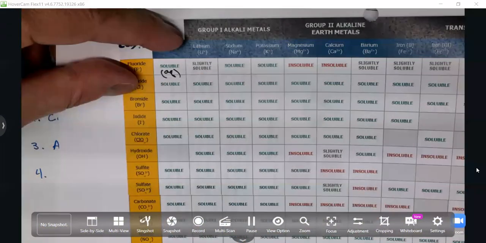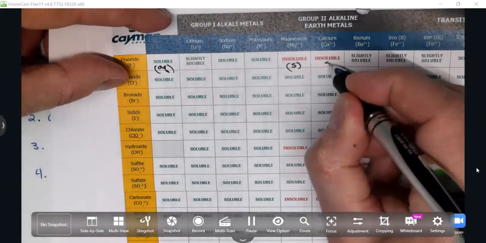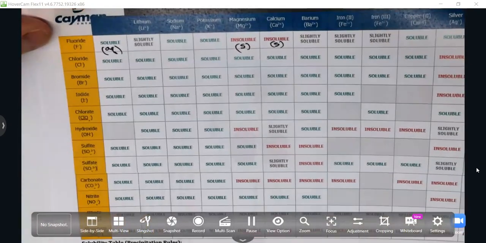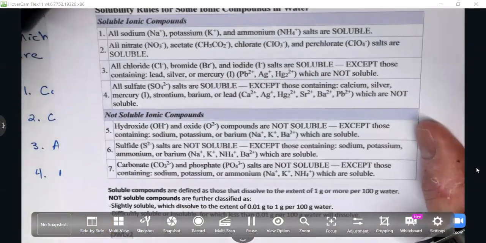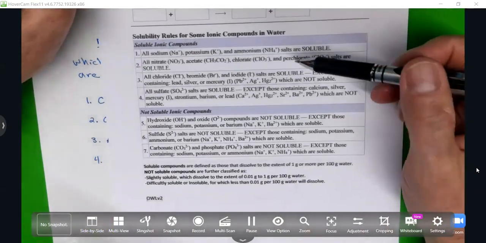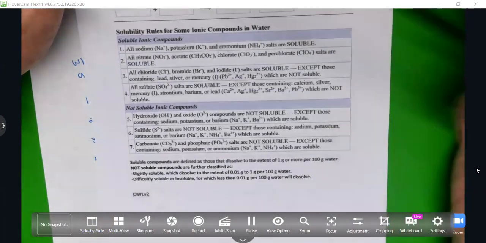If it's insoluble, we're going to have solid. But OWL in our textbook uses this. So if you printed out that supplement I emailed out last night or before, it is this solubility rules table here that we follow.